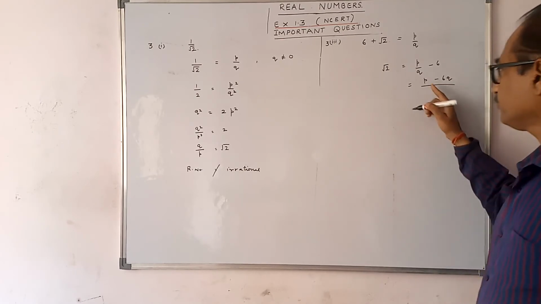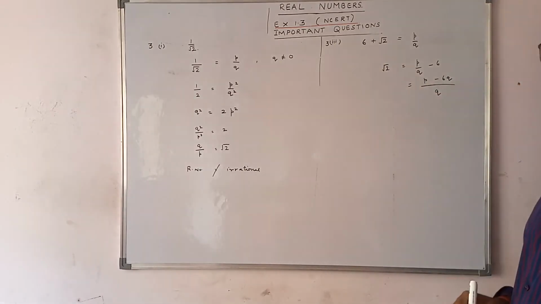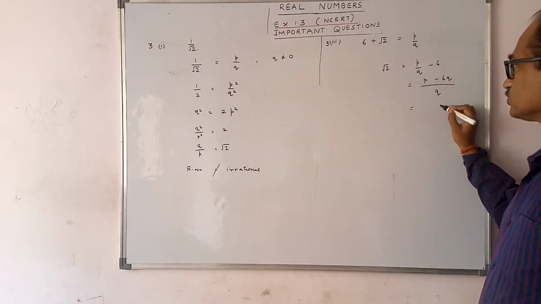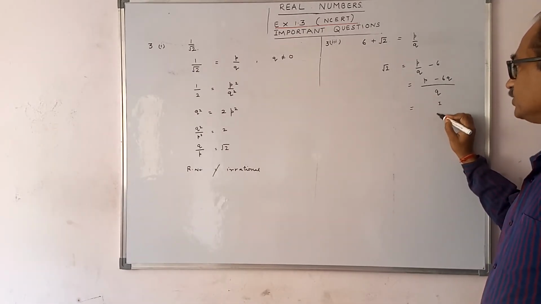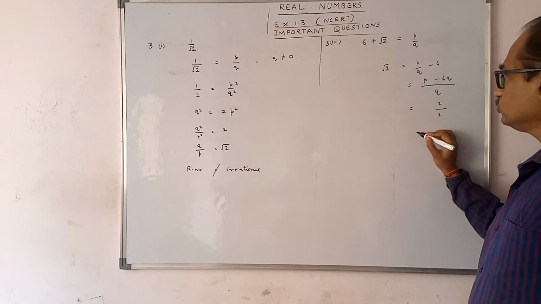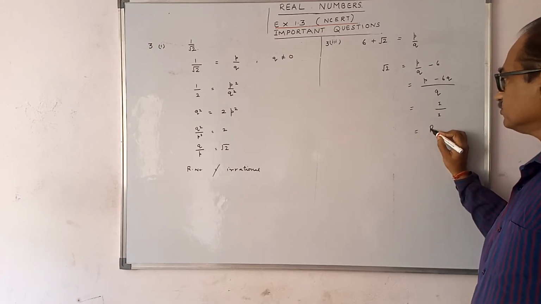So you see, P is an integer, Q is an integer, therefore P minus 6Q is also an integer, and Q is also an integer where Q is not equal to 0. So integer upon integer will be a rational number. So this side is a rational number.